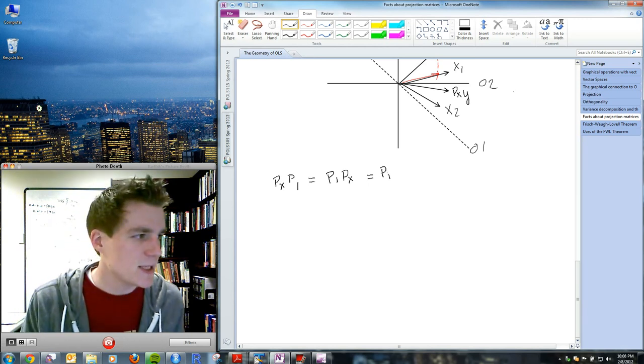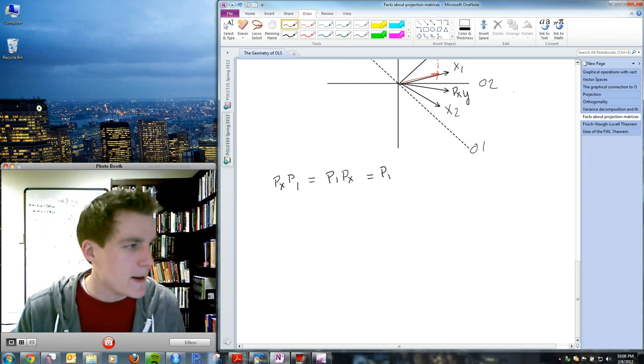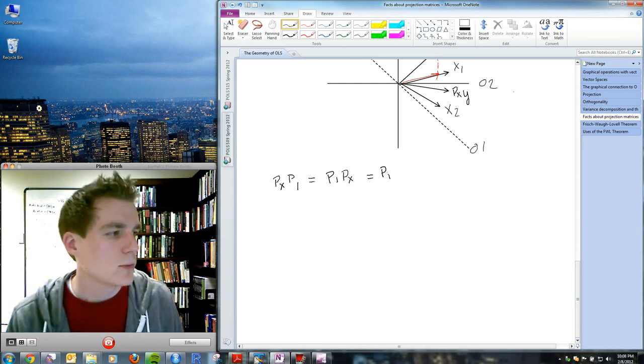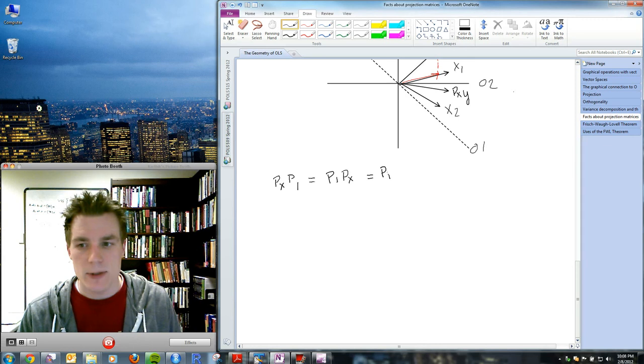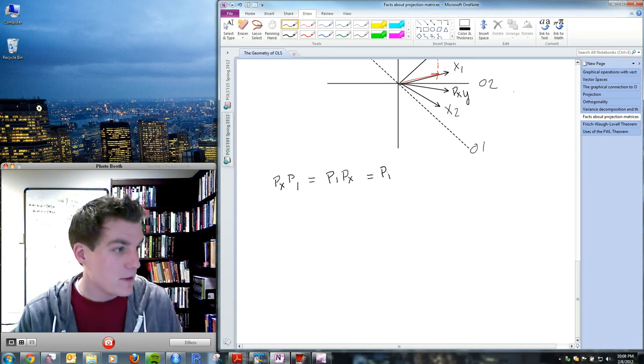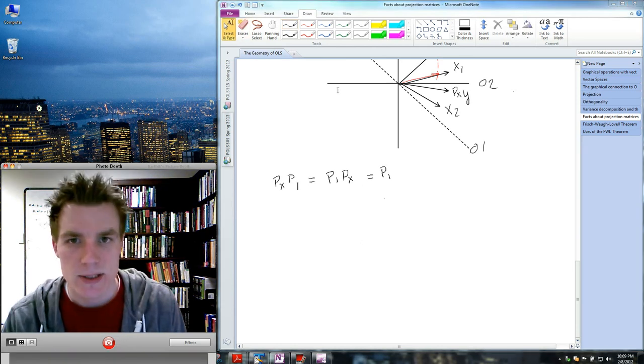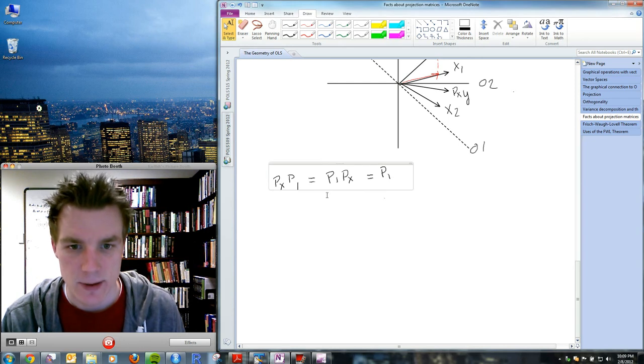So I'm going to do the same thing I did last time, which is write out these definitions and see if I can make them equal each other. I'm actually going to start with this bit right here.